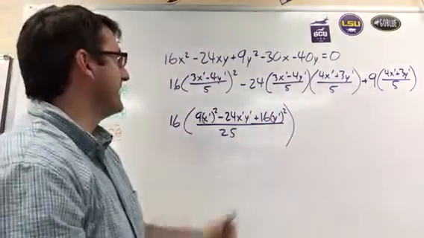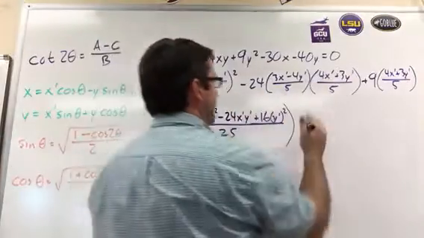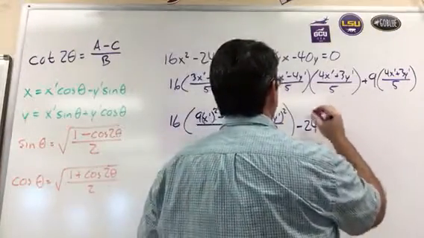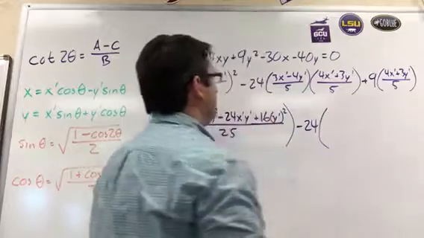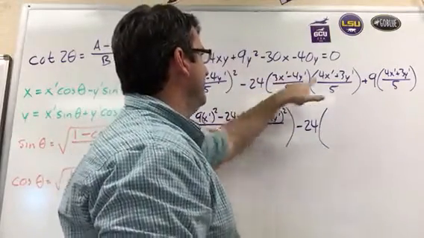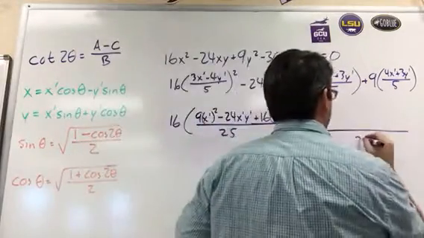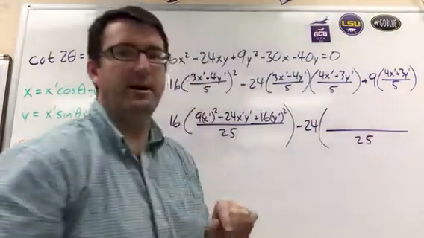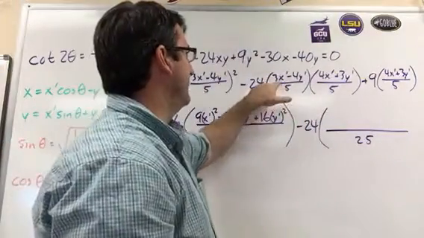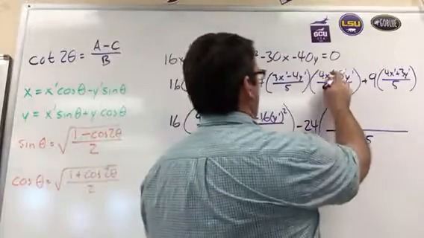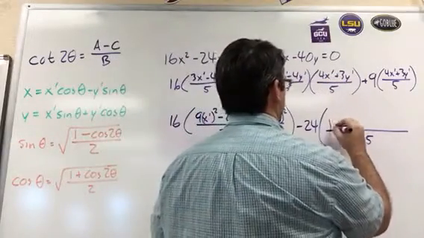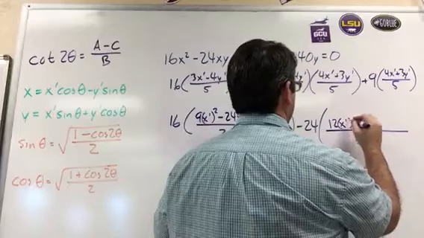All right. And then this one, let's expand this out. Minus 24 times 3, again, we're going to have 25 in the denominator. The numerator, we got 3x' times 4x' is going to give us 12x' squared.